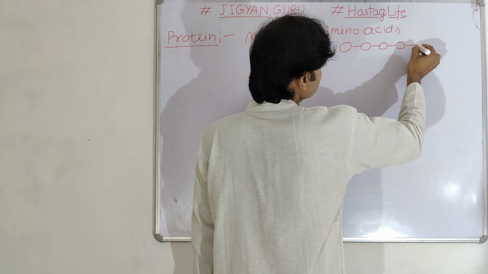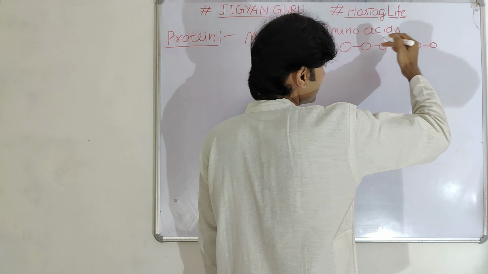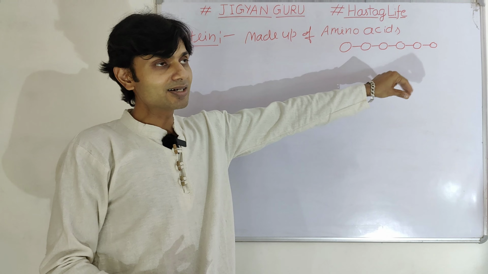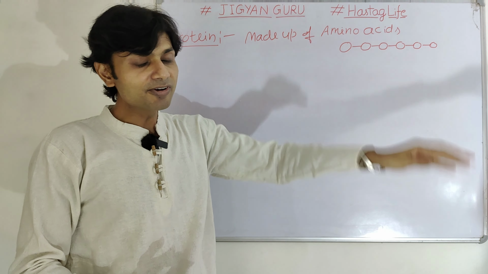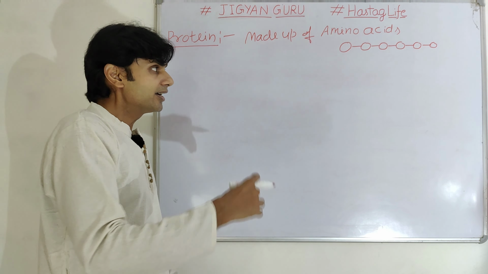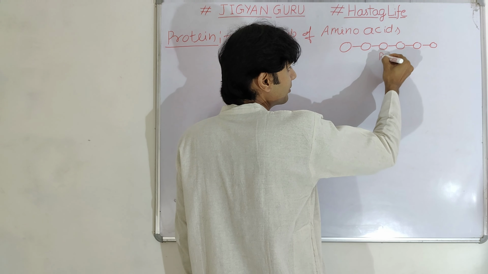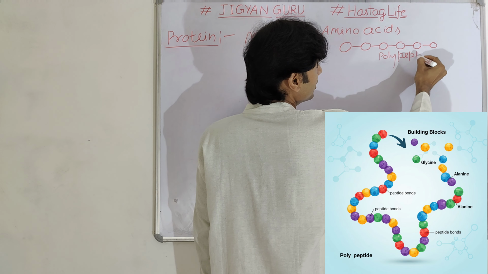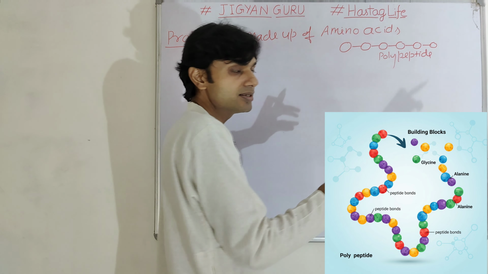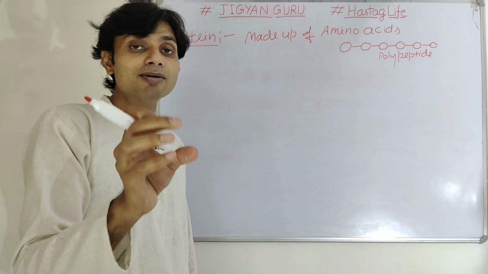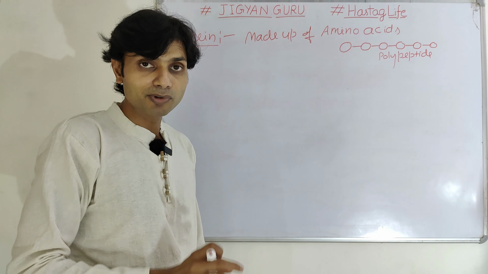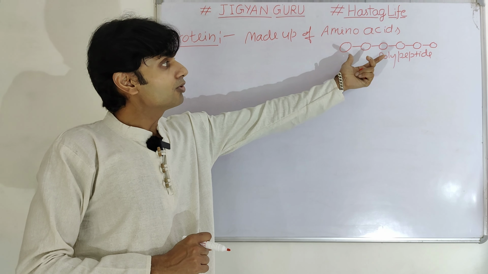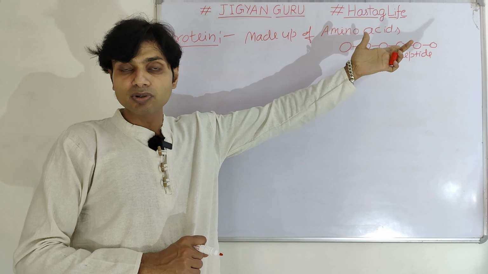These are the amino acids, the building blocks of the protein, that connect with each other in this fashion, and they form a long chain, and that long chain is known as a polypeptide. Polypeptide is nothing but the raw building material of the protein. That polypeptide is formed by the combination of amino acids.